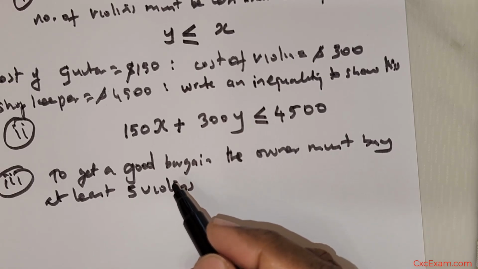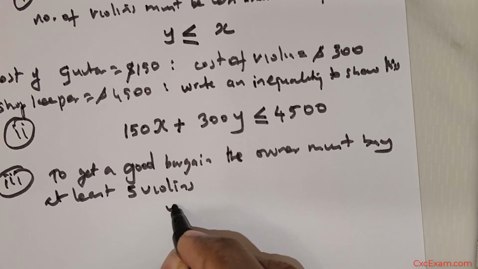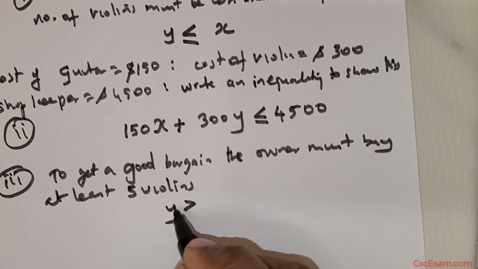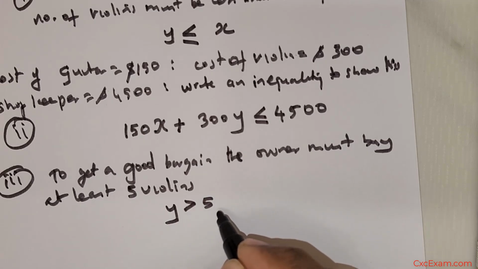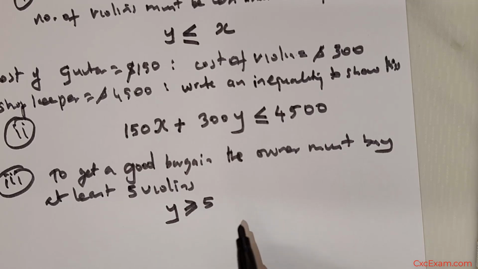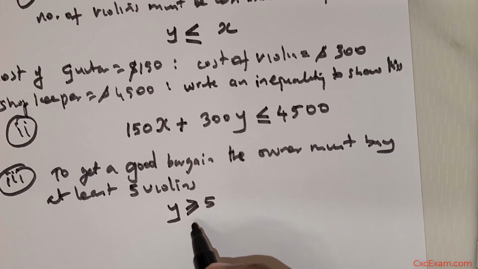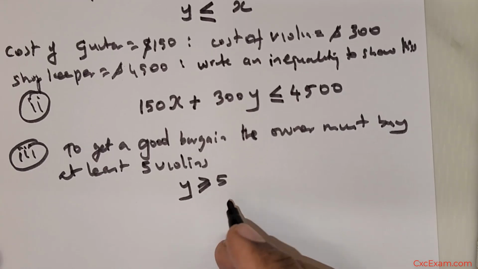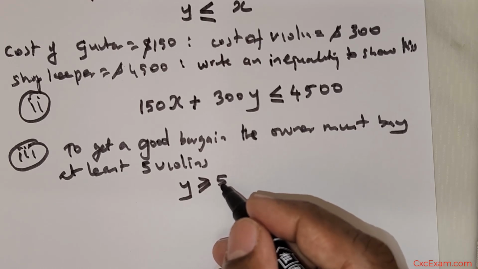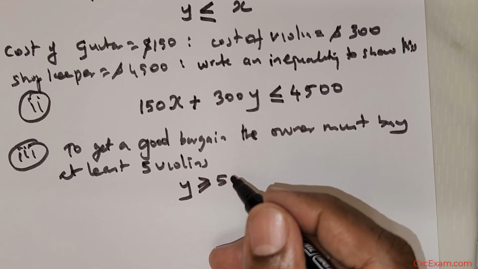So at least 5 violins means the minimum should be 5. So the solution should be what? Y can be strictly greater than 5, but since we have at least 5, you should put that line. If you don't put that line, you won't get the score. So this is the symbolic inference: to get the bargain, you need to buy at least 5.